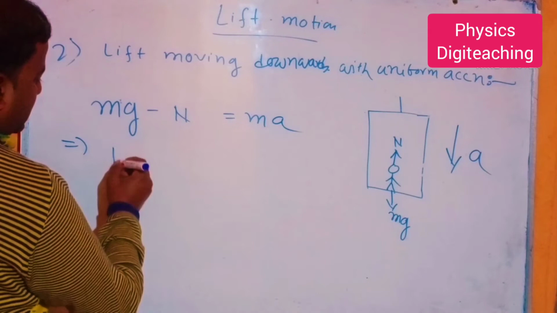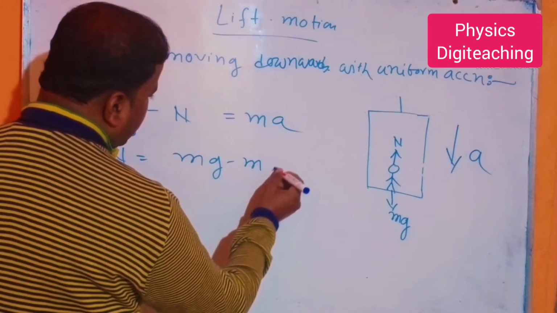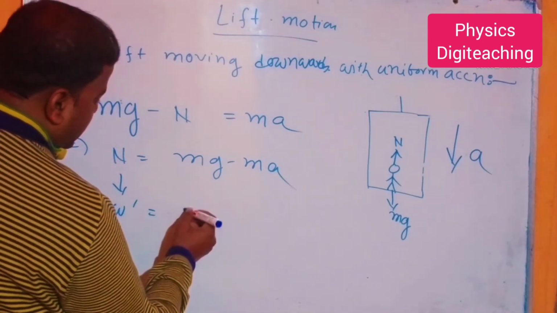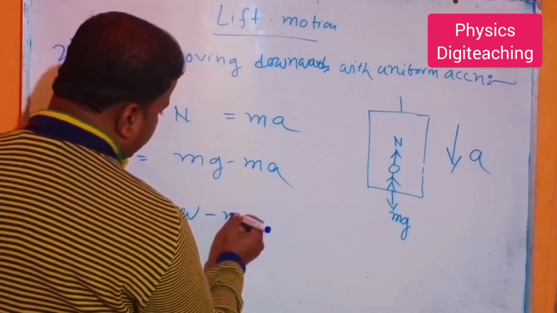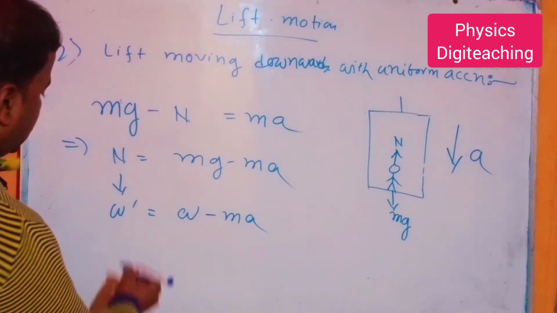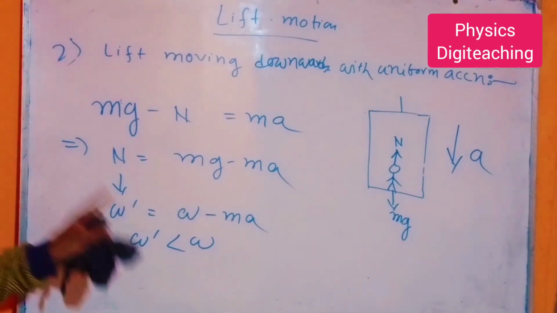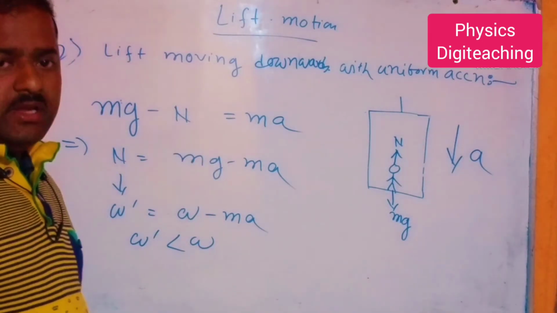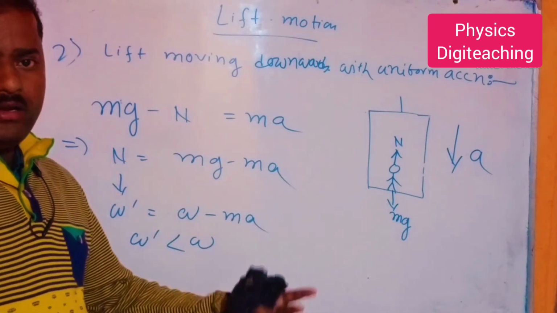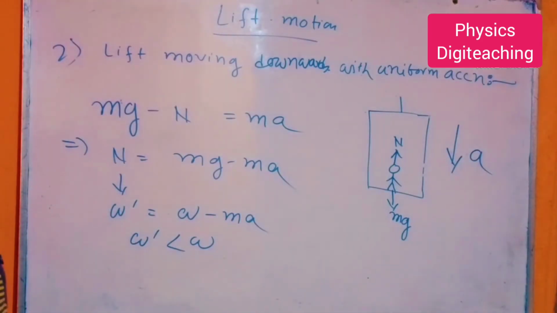Here N equals mg minus ma. This is our apparent weight W dash, the actual weight W minus ma. Here W dash is less than W. That is, apparent weight decreases. A person feels lighter when a lift moves downwards with acceleration a.